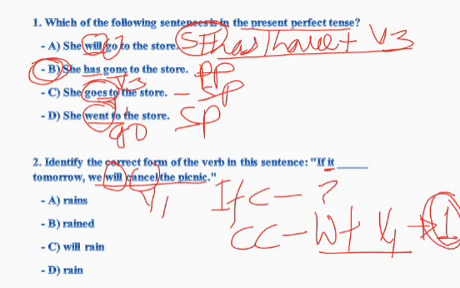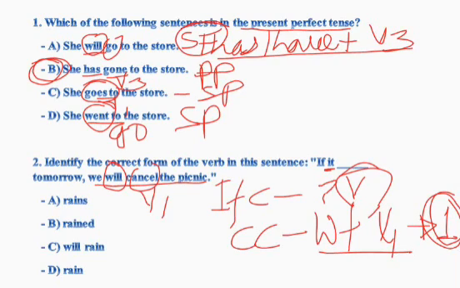In type 1, the if clause has to be verb 1. So it's: if it dash verb 1 tomorrow, we will cancel the picnic.